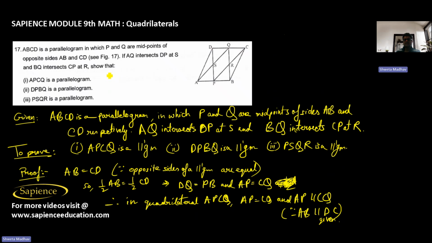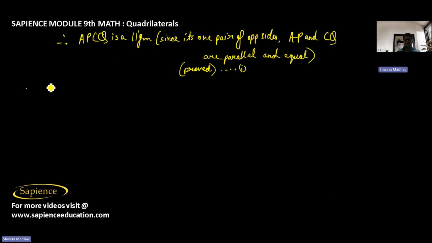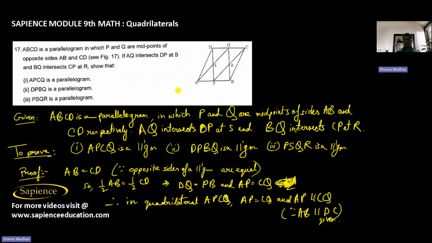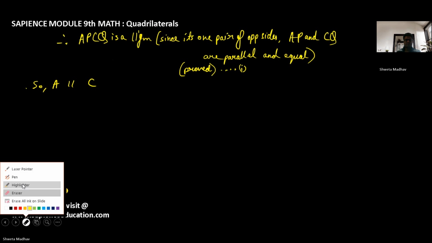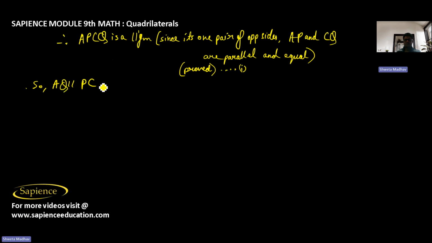So therefore we can say that AQ is parallel to PC, since opposite sides of a parallelogram are parallel.